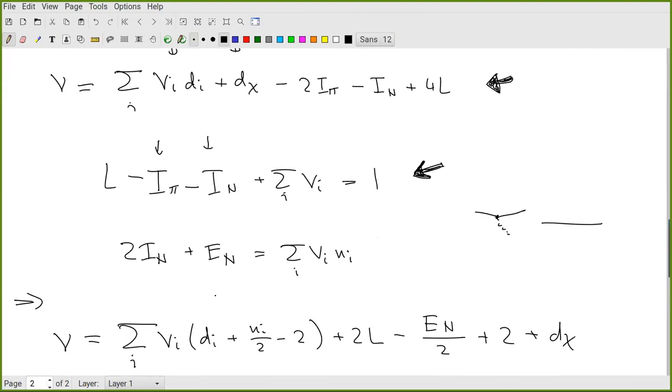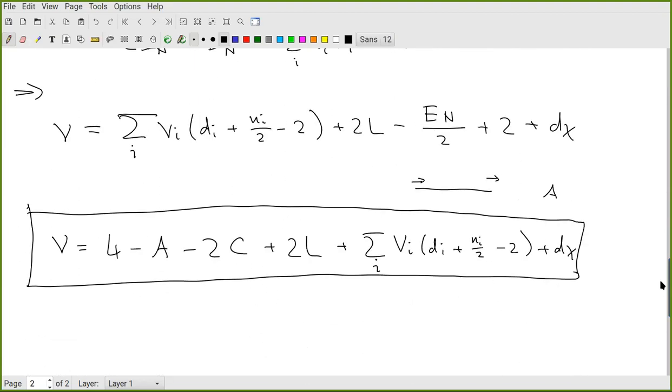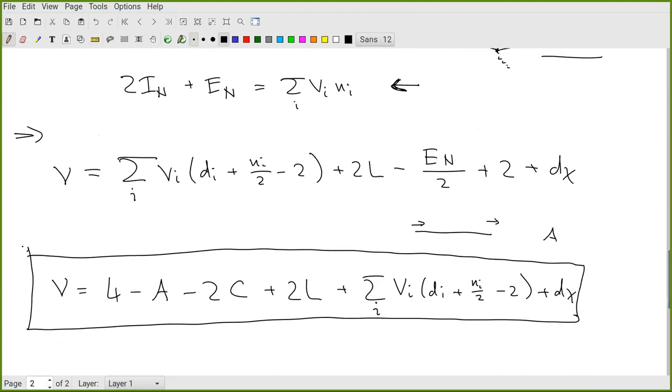Plus, since the number of nucleons is conserved, there's also a relation between internal nucleon lines, external nucleon lines, and the number of nucleon lines in each vertex. That's conserved because the number of nucleons is conserved. So we have these two additional relations, and we just plug them in here, and that's essentially how we get here.